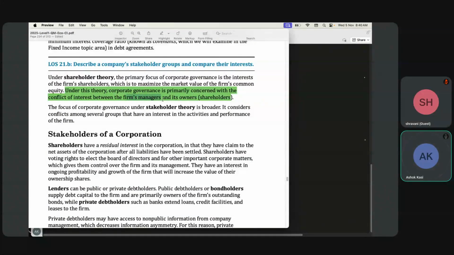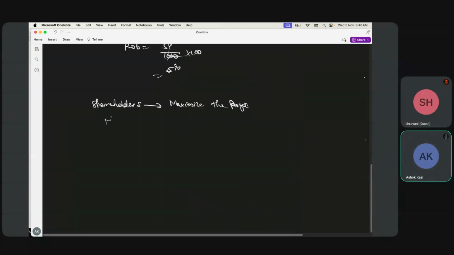Whereas from the managers' point of view, what do they want? They have to balance between profits and keeping employees happy. That means they have to pay bonus, and if they pay bonus, the profit will come down. So there is a conflict.